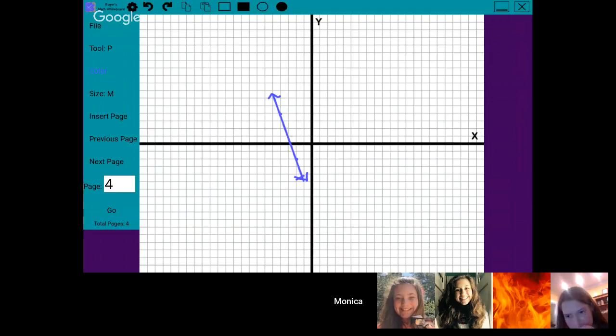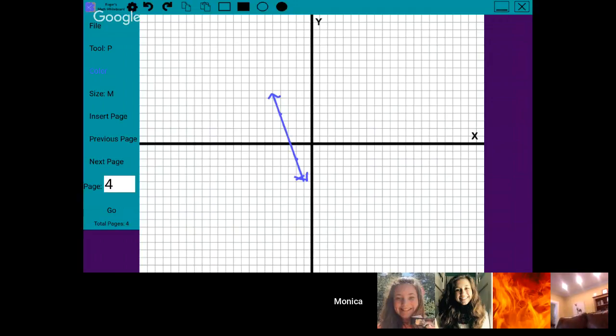So tell me, what's the coordinate for point A? The coordinate for point A is 4, negative 4.